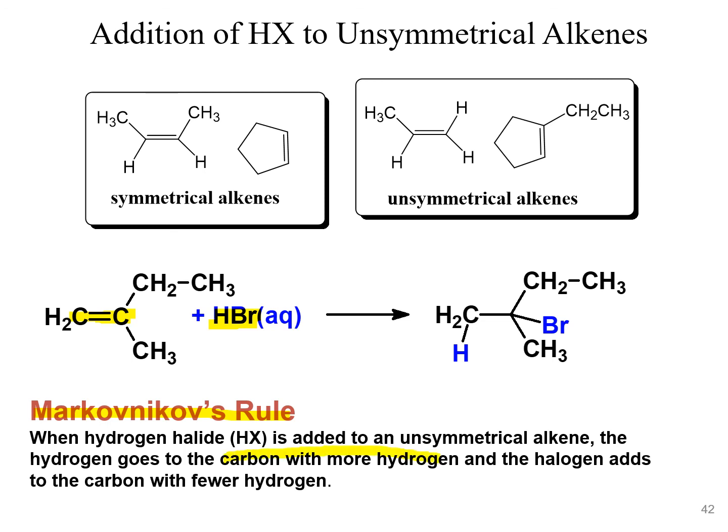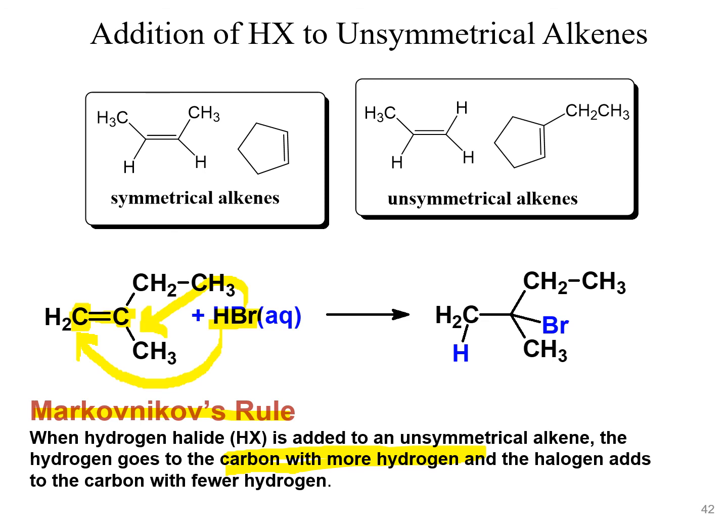If we look at these two carbons, the carbon in the center has no hydrogen attached to it, whereas the one on the left already has two hydrogens. So this one has more hydrogens. The incoming hydrogen will go to the carbon which already has more hydrogens, and the bromine or the halogen will go to the other atom most of the time.